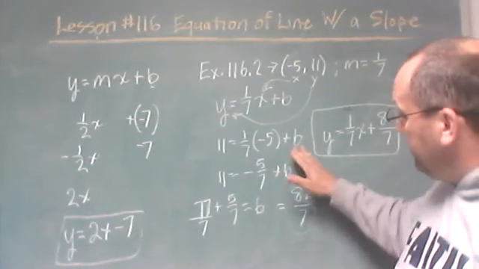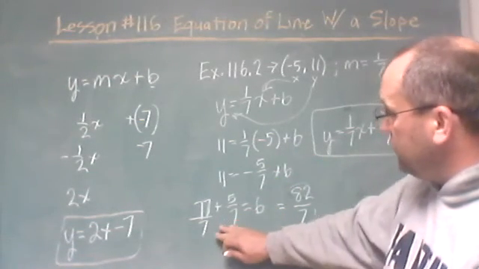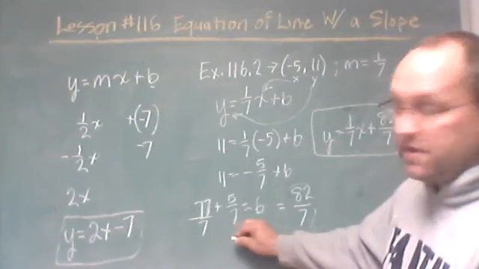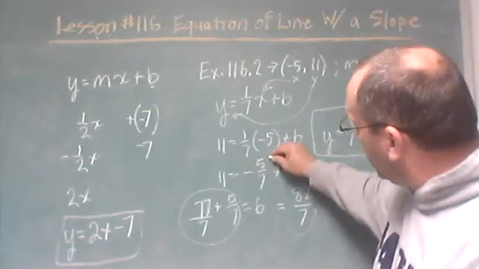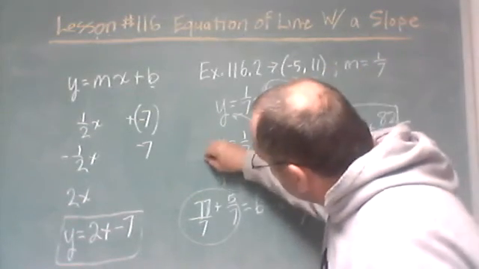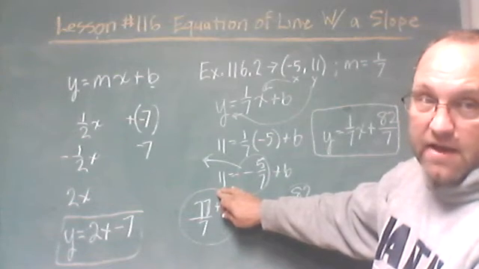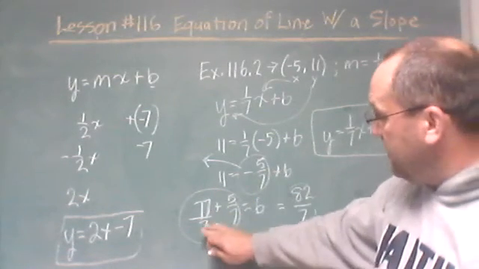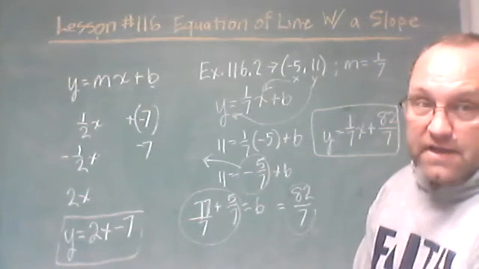So a number of you have been going down here, and you seem to stall out when it comes to adding these fractions together. We got to get this fraction over to the other side, and then add that to the 11. We have that 11 and we added 5/7 to it.